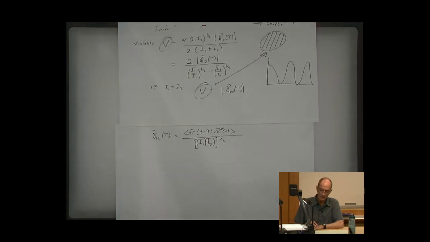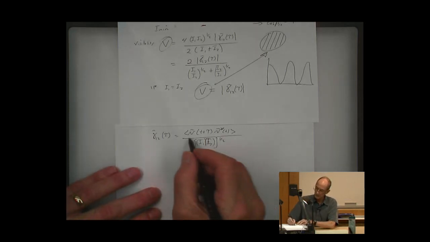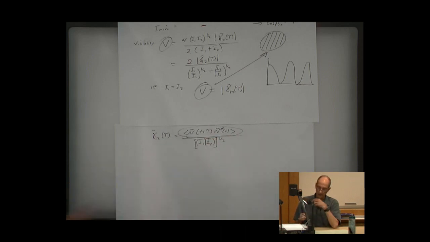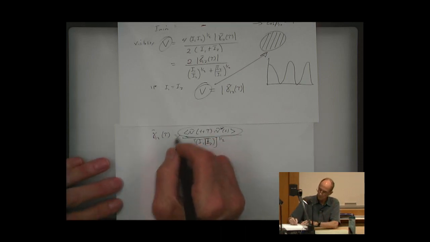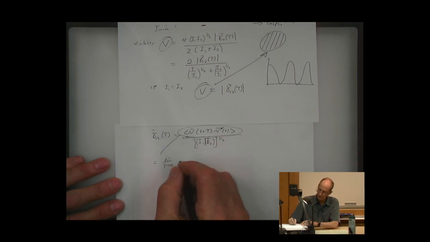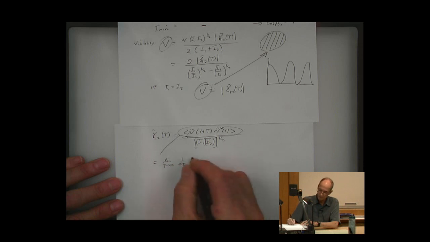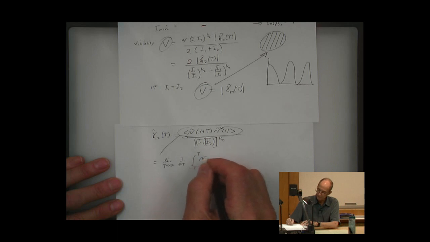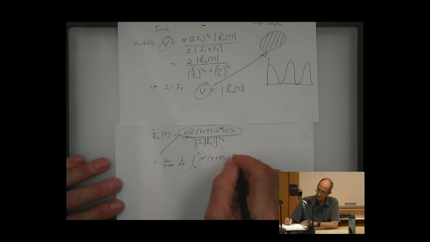All right, so now let's look at this top part again from a different perspective. Remember we wrote this as the limit as T goes to infinity for our averaging, times 1 over 2T, integral from minus T to T of V of t plus tau, V star of t, dt.